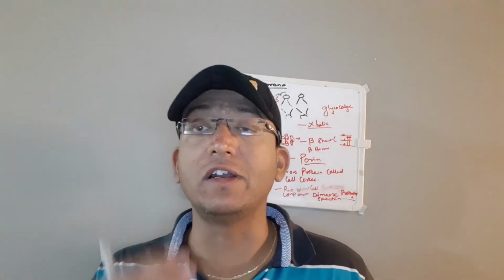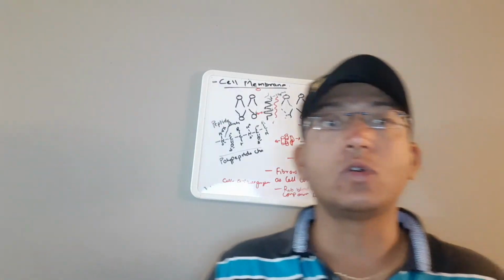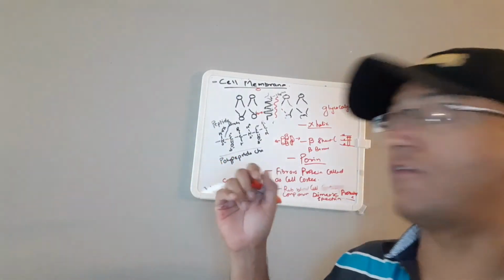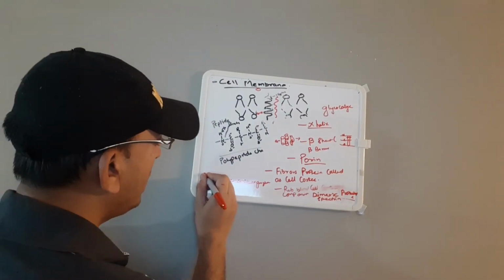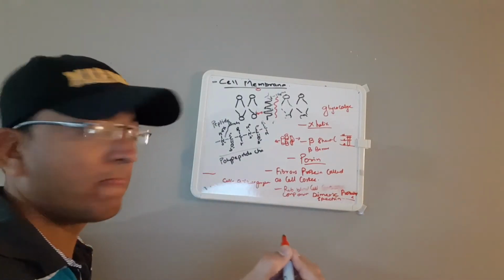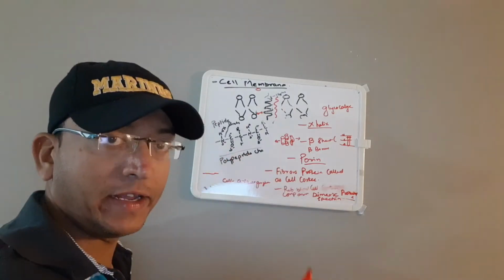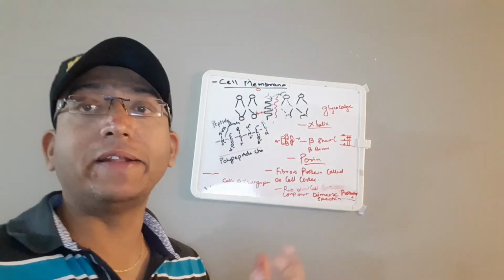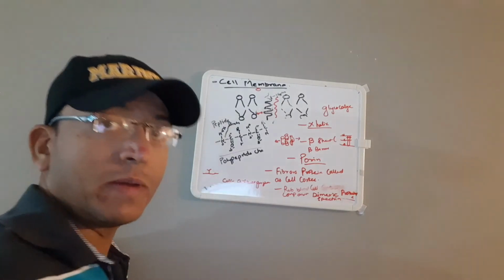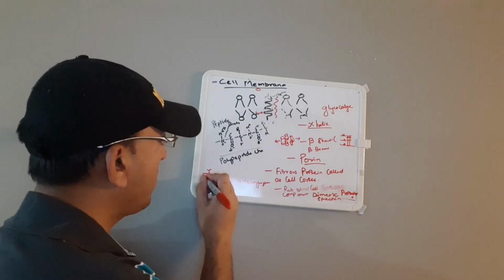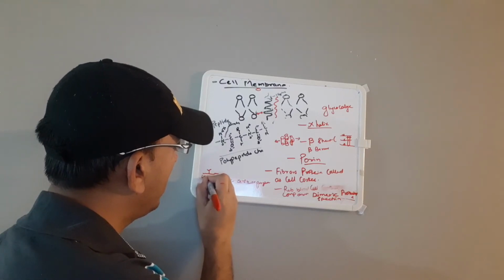Similarly, in the early stage of bacterial infection, the carbohydrate on the surface of a white blood cell is important. For example, this is the endothelial cell lining.